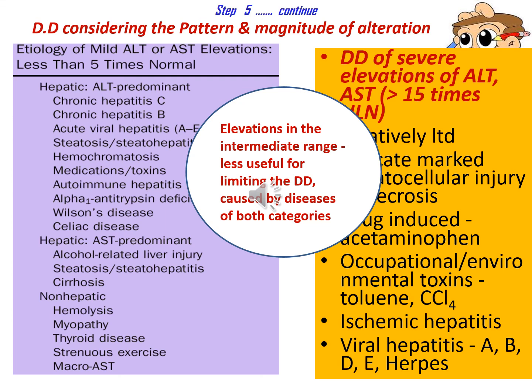With mild elevation, we should also exclude non-hepatic causes of rising enzymes like hemolysis, myopathy, thyroid disease, strenuous exercise, and macro AST. On the other hand, if there is severe elevation in ALT and AST, meaning more than 15 times the upper limit of normal, this situation has a limited differential diagnosis.